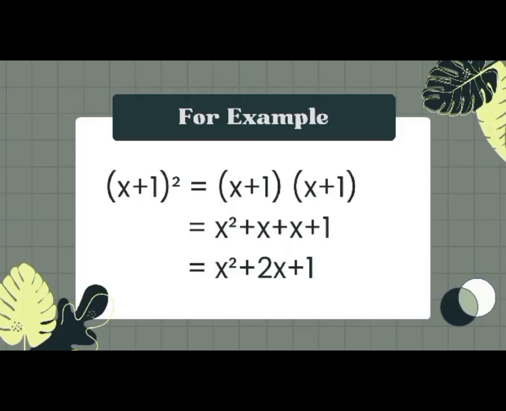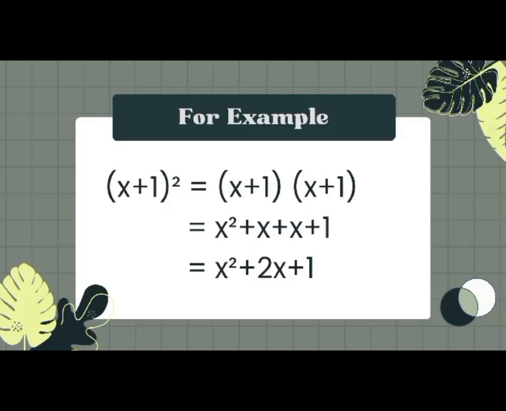You will be familiar already with the need to expand brackets when squaring such quantities. You will know, for example, that the quantity of x plus 1 squared, when we factor it out, will be the quantity of x plus 1 times the quantity of x plus 1. Then we will use the FOIL method.